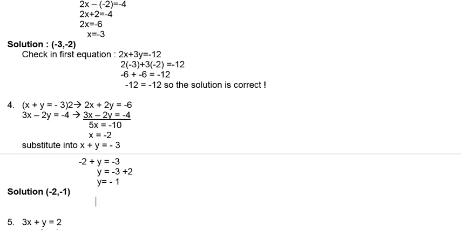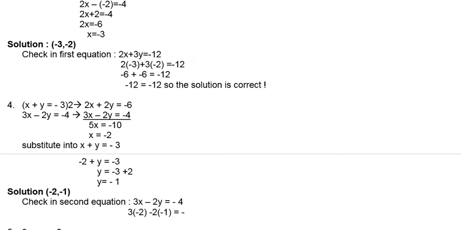So let's substitute that in. The last one we started with the second equation, so we're going to check in the first equation. Sorry, we're going to check in the second because we just did the first equation. So 3x minus 2y equals minus 4 becomes 3 times minus 2, subtract 2 times minus 1, and we should get minus 4.